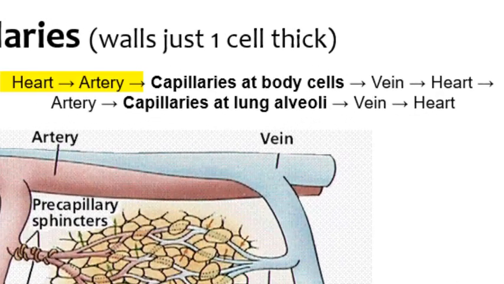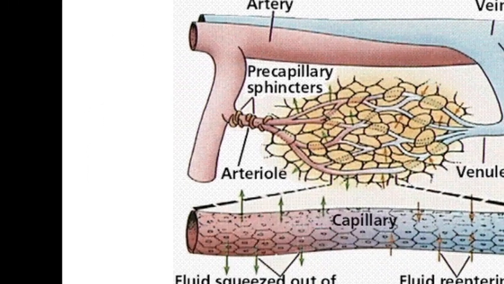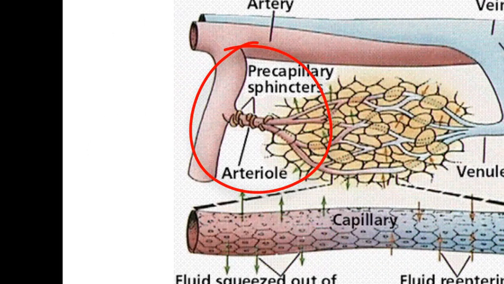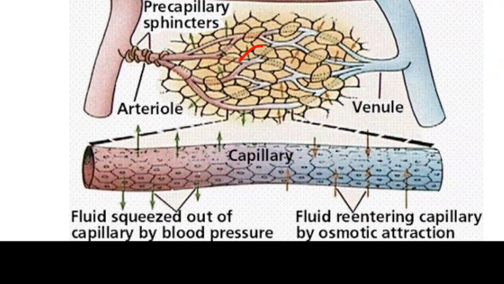Blood travels away from the heart through an artery. When it reaches a destination where it needs to move along cells or the alveoli, the vessels branch and branch into smaller and smaller vessels until the vessel wall is just one cell thick. Then gases and nutrients can diffuse through. These vessels are capillaries.